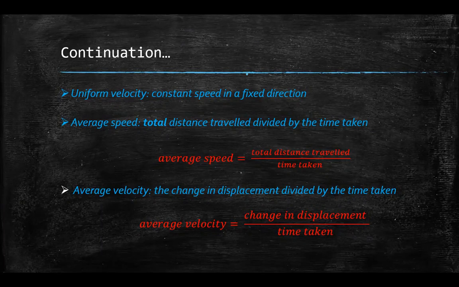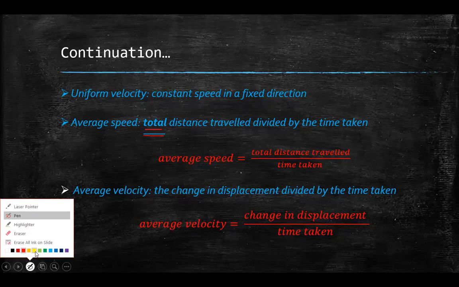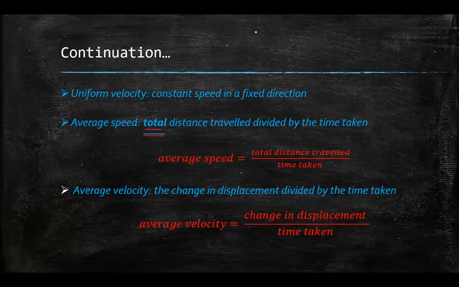Average speed. What is the average speed? It's the total distance traveled divided by the time taken. So back to my diagram because diagrams always help. I have this point, I have this point.